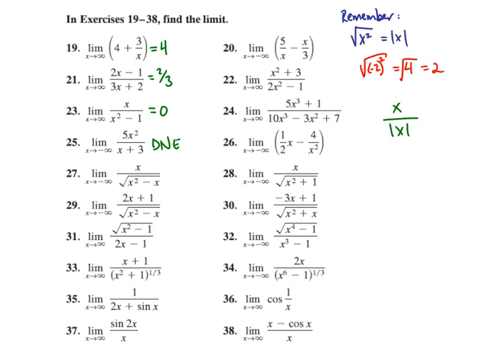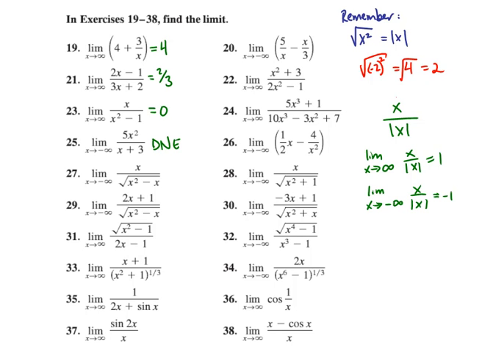However, when x is negative, the numerator is going to be negative, and the denominator will always be positive, so you'll end up with -1. So the limit at positive infinity of that expression would be 1. The limit at negative infinity of that expression would be -1.